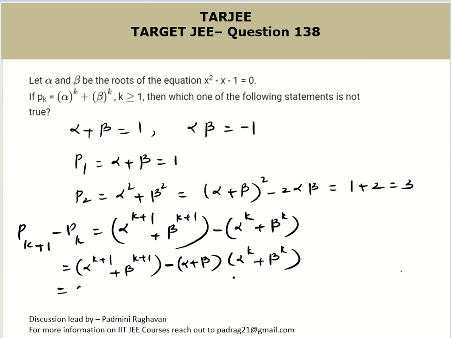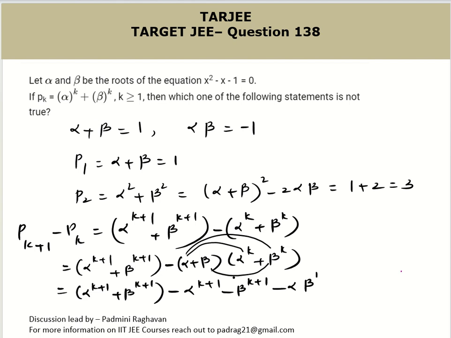Let's open the bracket. The first term is α^(k+1) + β^(k+1). Next, when I multiply these two, I get −α^(k+1), and −β^(k+1). And the other terms are −αβ^k − βα^k. So I can cancel these terms and I am left with this.